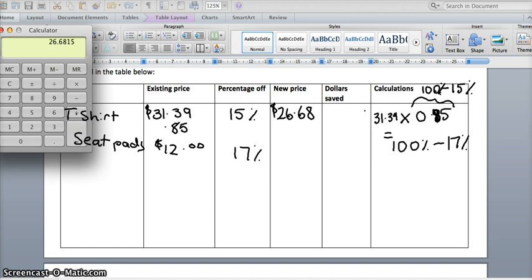Brooke? 83%, and 83% looks like 83 over 100, which looks like 0.83. So in our calculations we're doing $12 times 0.83. What does that give us, Maddie? $9.96.